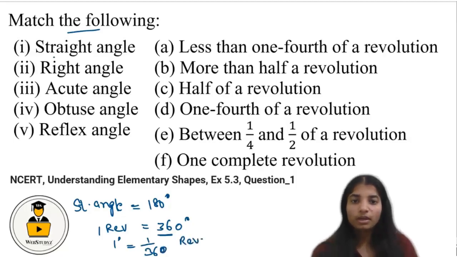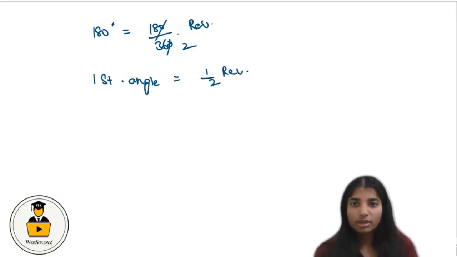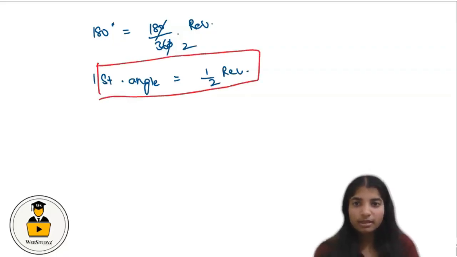So 180 degrees is equal to 180 divided by 360 of a revolution, that is equal to 1 divided by 2. So a straight angle is equal to half of a revolution.